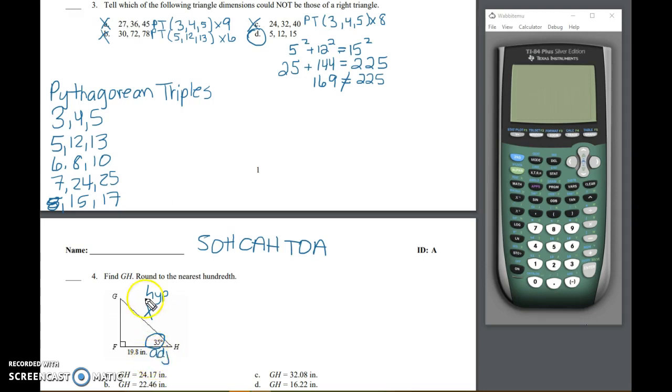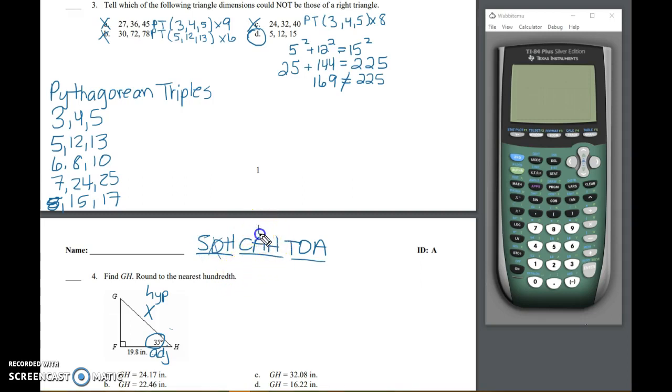Okay, so now that I've labeled 2 of my sides, adjacent and hypotenuse, I need to decide which trig function to use, the sine, the cosine, or the tangent. And that's going to be determined by the sides I have labeled. I have adjacent and hypotenuse. So sine is opposite over hypotenuse, and I don't have the opposite side, so I can't use that one.